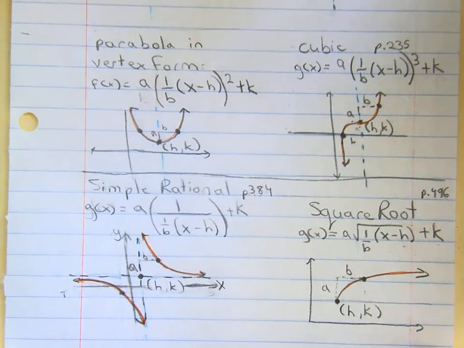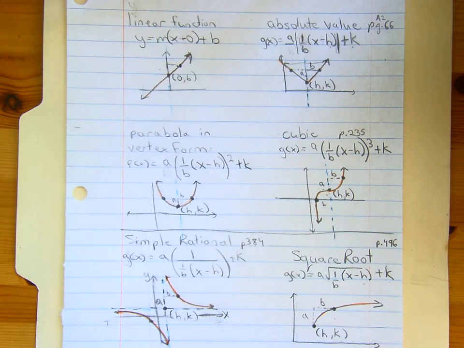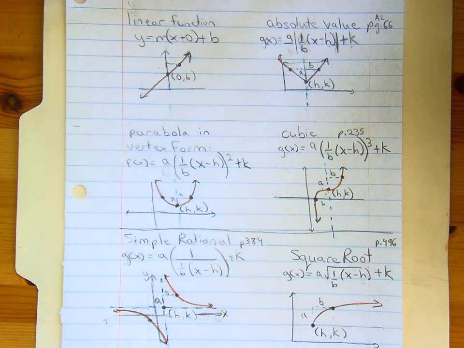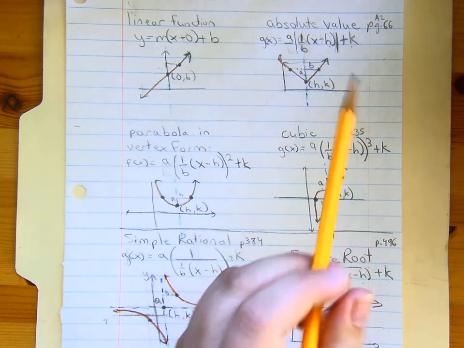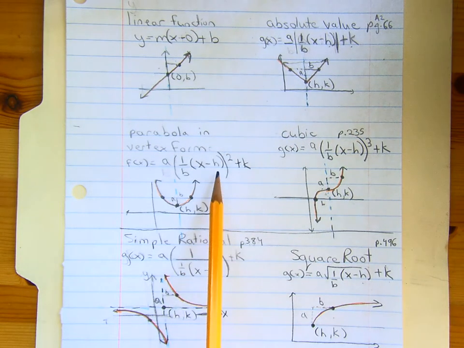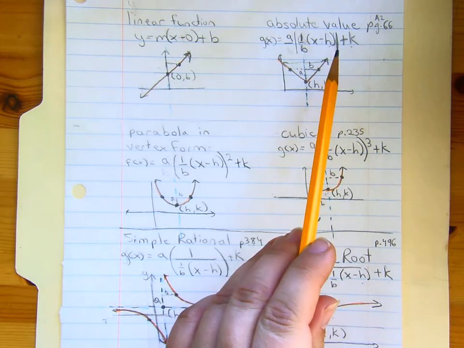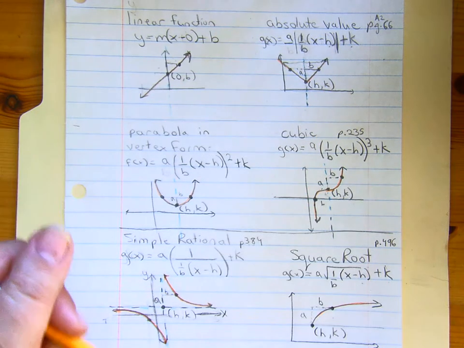So those are all three parts we go over, at least in this video. And it's again essential to notice that you pick up H as my horizontal shift, and it goes the opposite direction than whatever is inside these signs. K is my vertical or up and down shift.